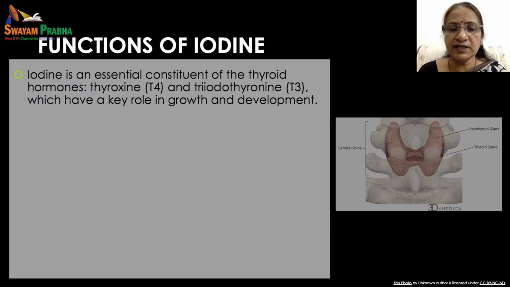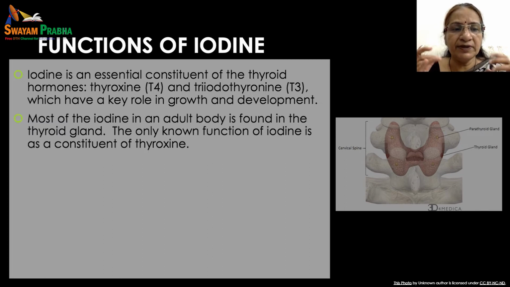Now, functions of iodine. Iodine is an essential constituent of the thyroid hormone, thyroxine, that is T4, and triiodothyronine, that is T3, which have a key role in growth and development. Most of the iodine in an adult body is found in the thyroid gland.